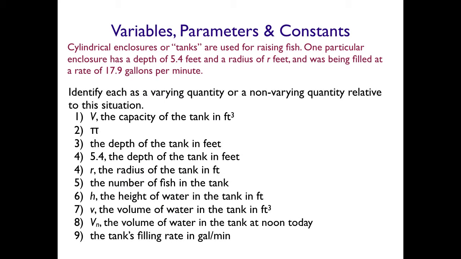So here's a whole bunch of concepts or symbols potentially related to this fish tank. Take a few minutes, maybe compare with a neighbor. Think about whether each of these items labeled 1 through 9 is a variable, a parameter, a constant, or none of the above. So think about those definitions. If something doesn't quite fit those definitions, it could be a none of the above. There are some none of the aboves here.